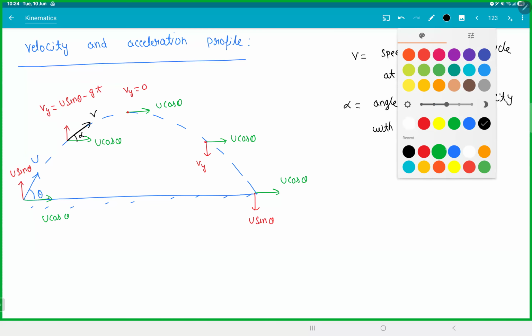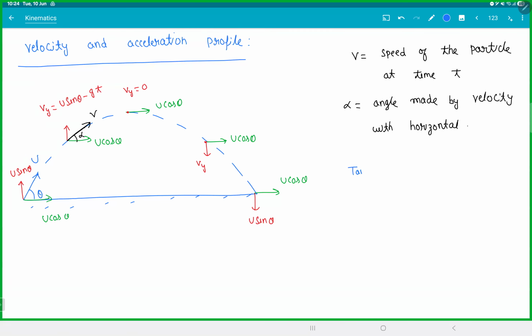So we can use vectors and solve this. What is tan alpha? Tan alpha will be the vertical component Vy by Vx, which is nothing but u sine theta minus gt by u cos theta. There, this is one formula. And Vx will be v cos alpha, but we know the horizontal never changes, so this is also equal to u cos theta.